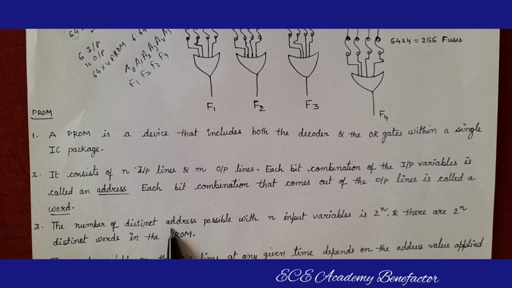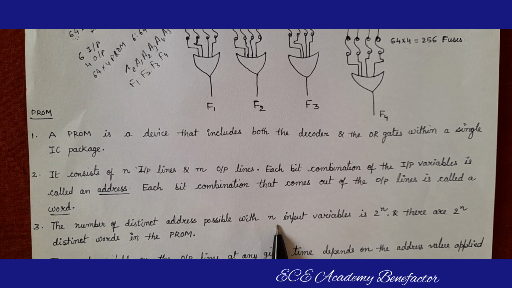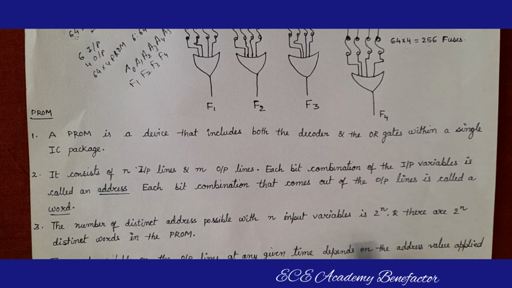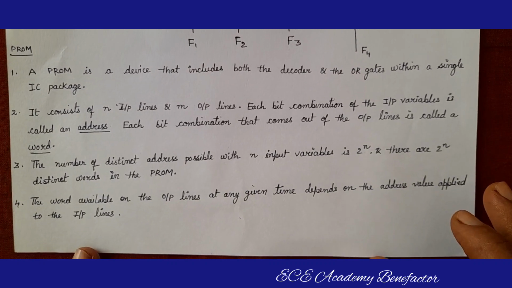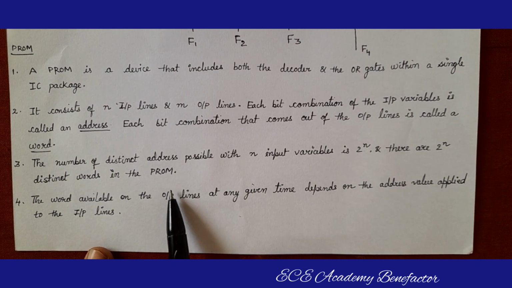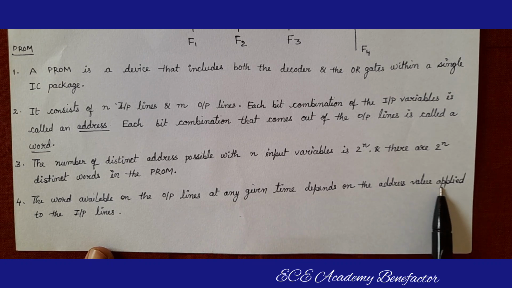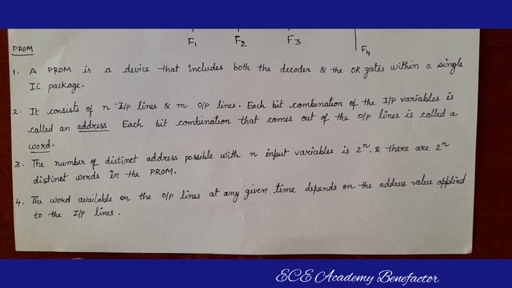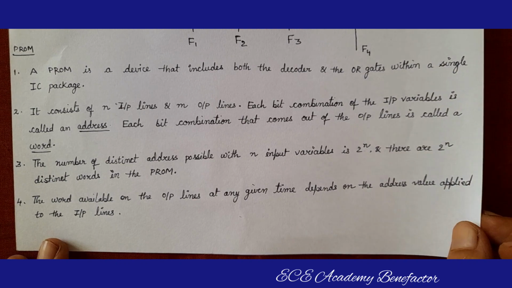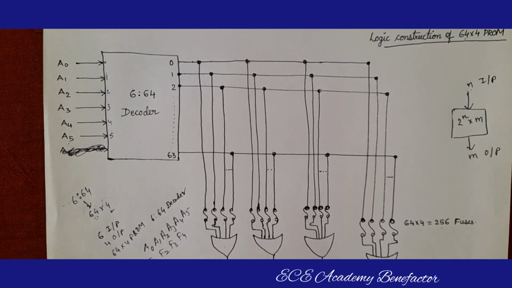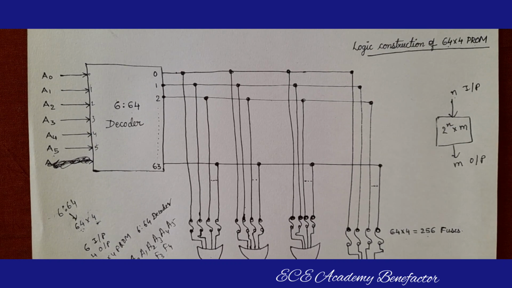The number of distinct addresses possible with n input variables is 2 to the power n, and there are 2 to the power n distinct words in the PROM. The word available on the output line at any given time depends on the address value applied to the input line. So, this is how we have drawn the 64 cross 4 PROM.